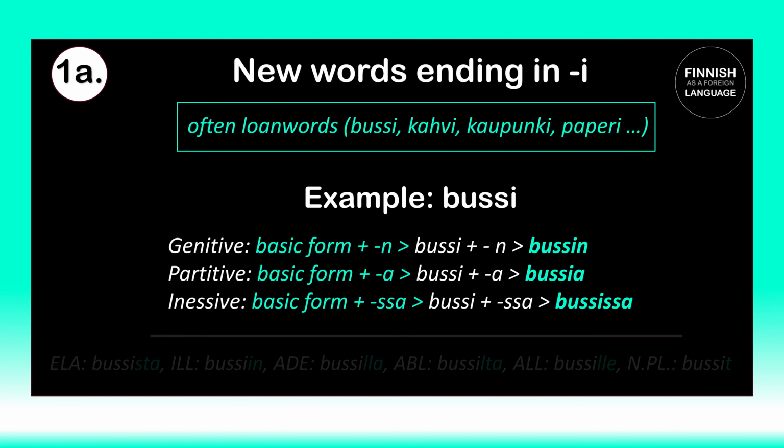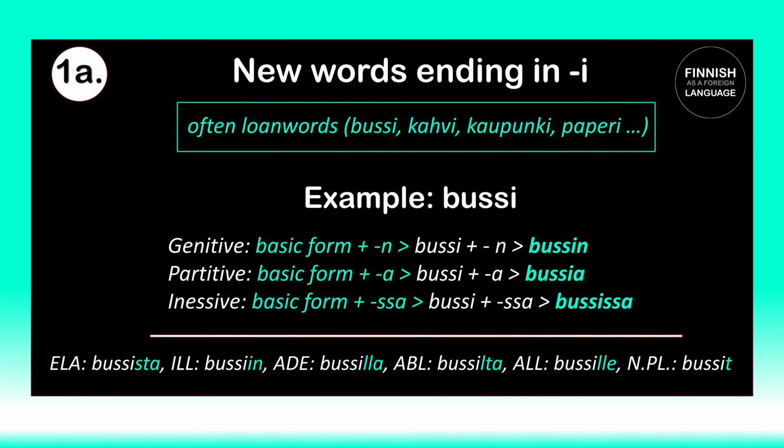Now we want to form the inessive case. Also here we take the basic form and then we add the inessive marker sa to it. So that means we have bussi plus sa is bussissa. Bussissa, which means in the bus. It's the inessive case of the word bussi. And this is also how it works with the other cases.